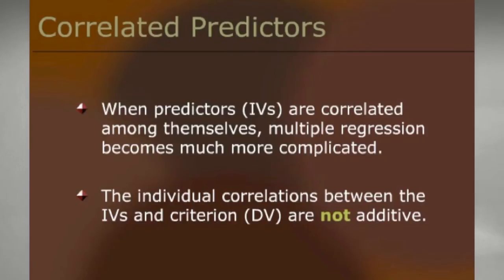When independent variables are correlated, the researcher is interested in their unique relationship with the dependent variable. That is, that part of the relationship with the dependent variable that is not associated with their relationship with other independent variables.